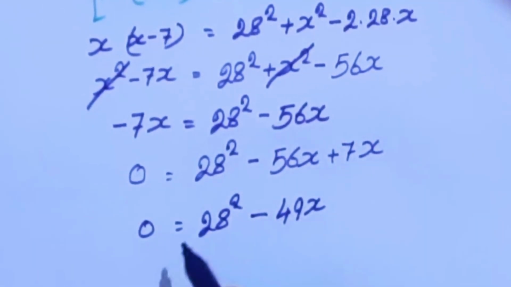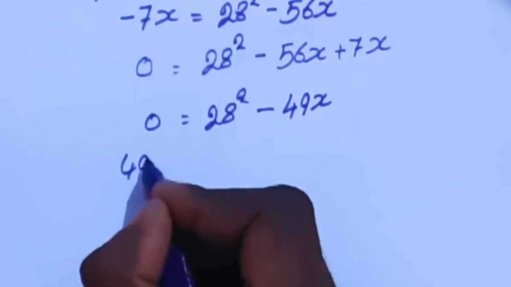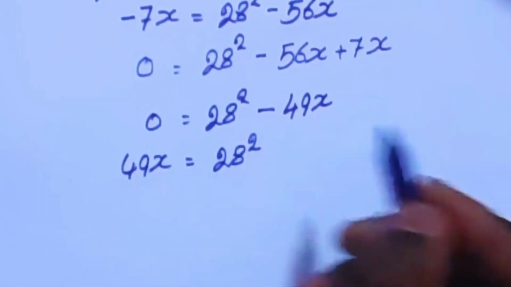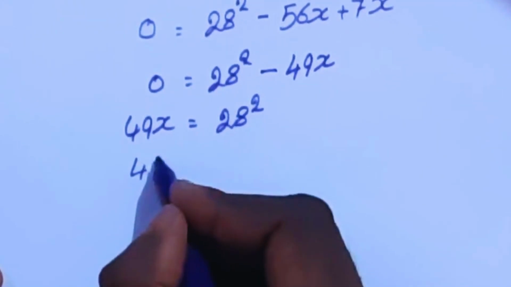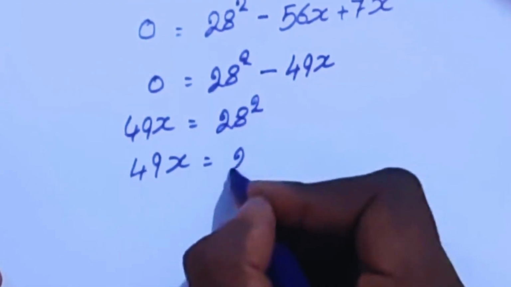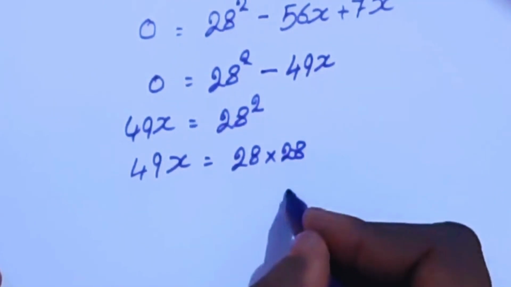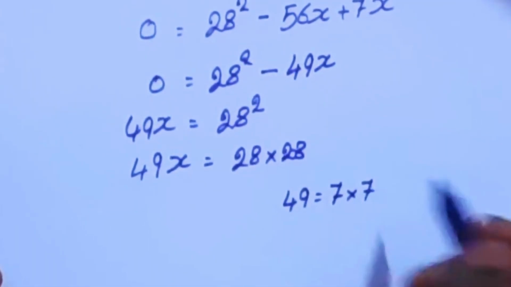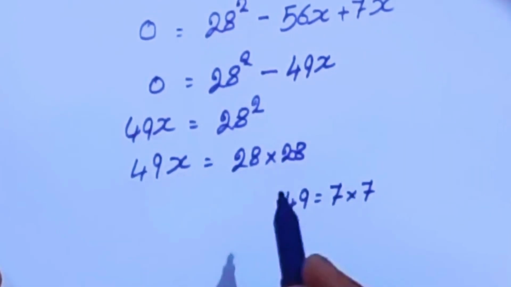Now we are moving this left hand side, x value, so 49x equal to 28 square. Now this can be written as 49x equal to 28 times of 28. So now we know that 49 equal to 7 times of 7. So now we are going to divide both sides by 49.